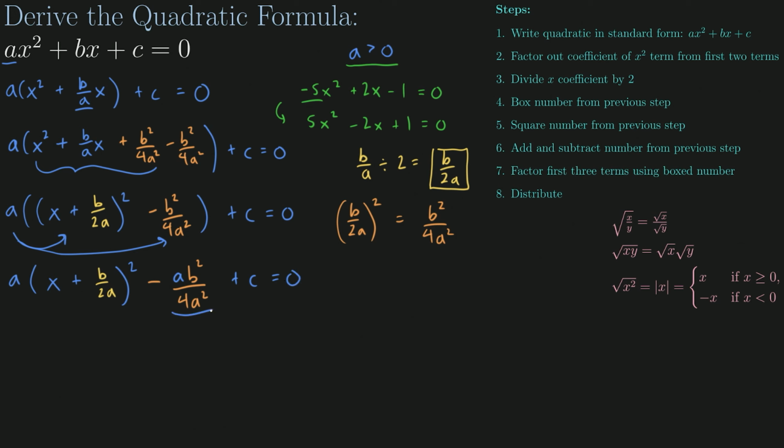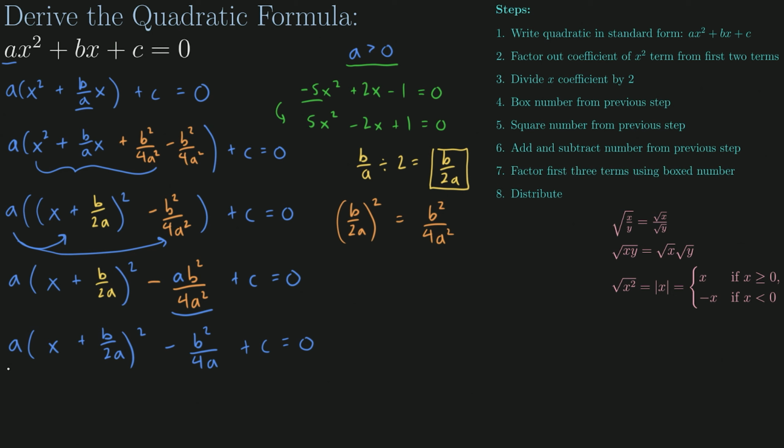Now if we look at this term, we have an a in the numerator and a squared in the denominator. That can simplify to a single a in the denominator. a (x plus b over 2a) squared minus b squared over 4a plus c equals 0. And now we've made some progress in that we only have x showing up in one part of the problem.